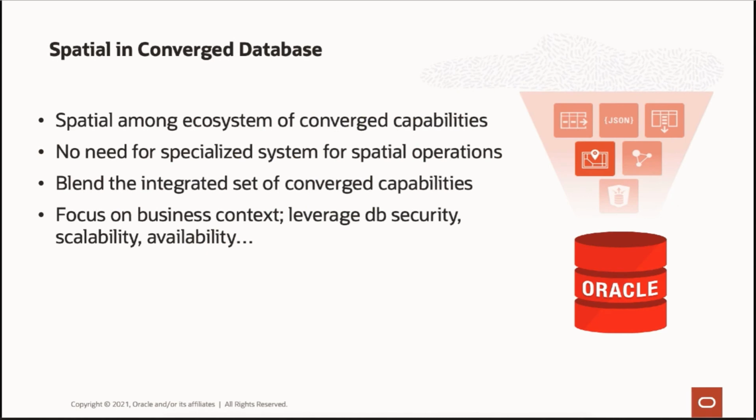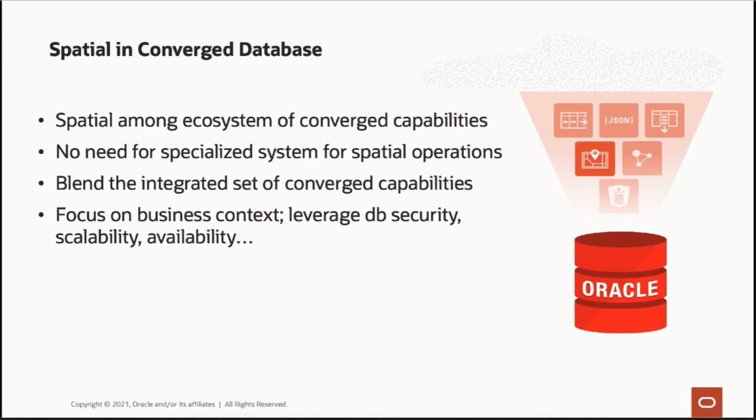Another very important aspect of the spatial features in Autonomous Database in particular is the fact that they live among all of the other converged features of Oracle Database. The converged features of Oracle Database include a wide set of capabilities that go beyond the traditional forms of storing and querying relational data.